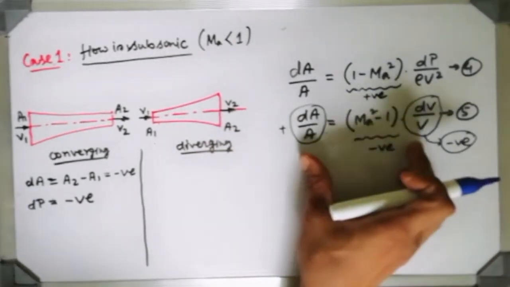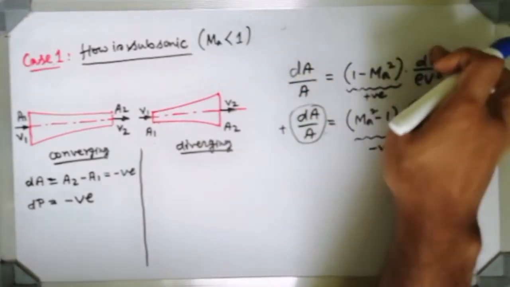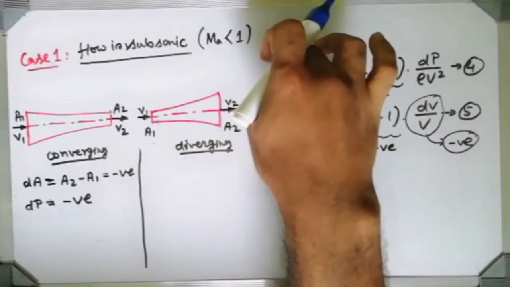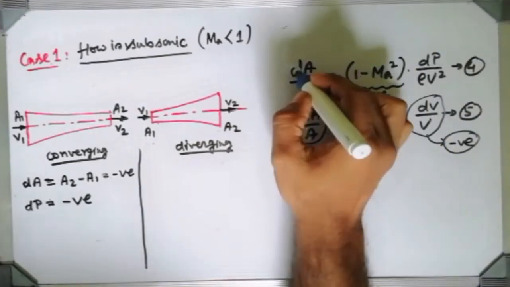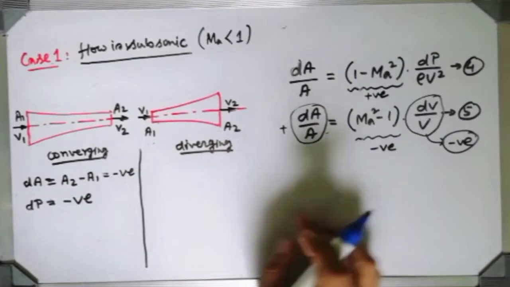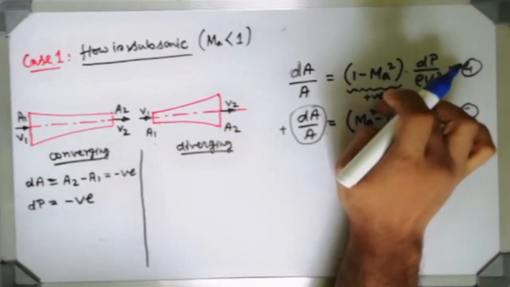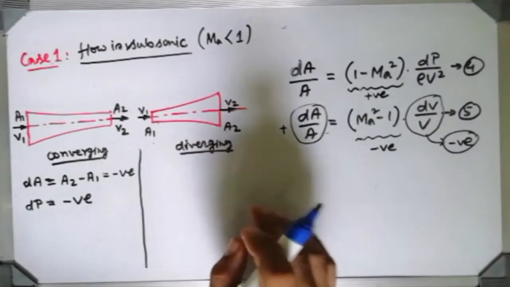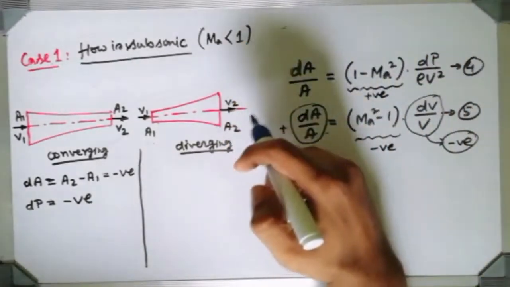So from equation 4 you can see dA by A and dP both are acting in the same direction. If one is increasing, the other will increase. If it is decreasing, it will also decrease. The parenthesis part here is giving you a positive value. So if dA increases, then dP increases. If dA decreases, then dP also decreases.